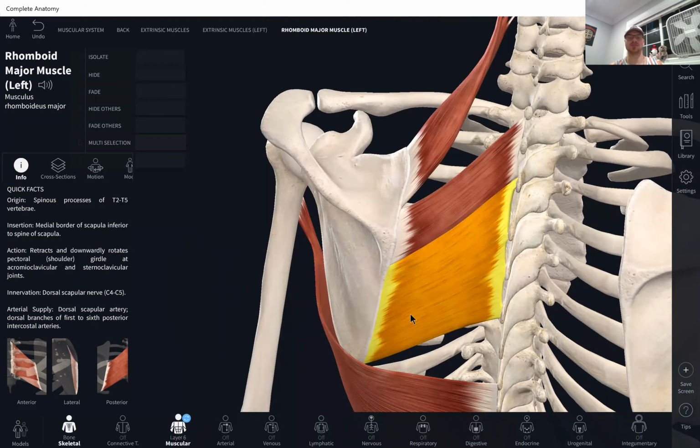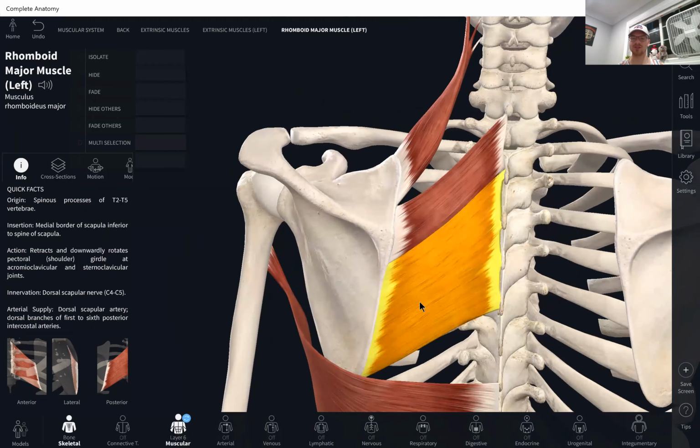And so the functions here include scapular adduction or retraction, scapular downward rotation, and scapular elevation. And the innervation here is going to be from the dorsal scapular nerve coming from C5.